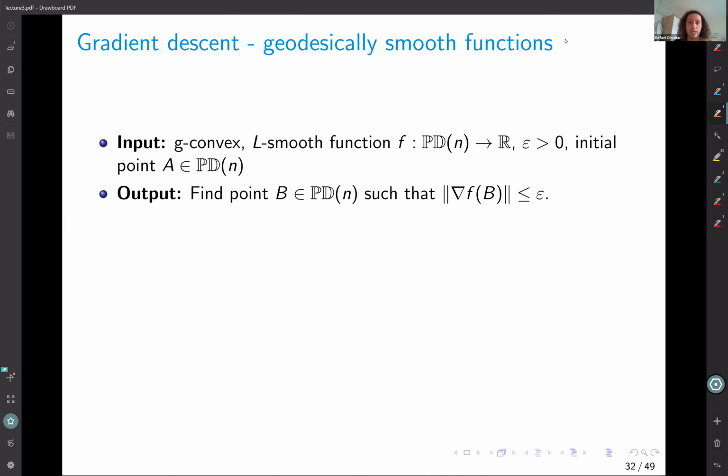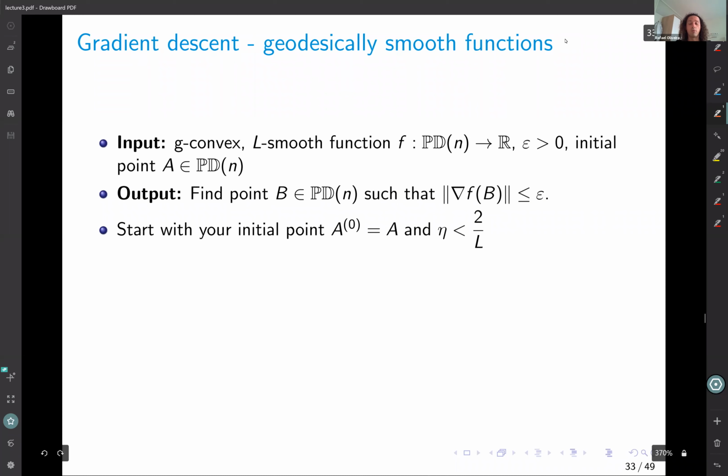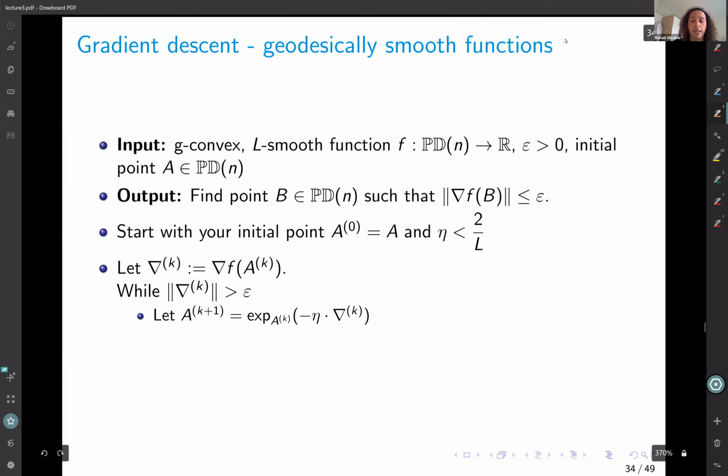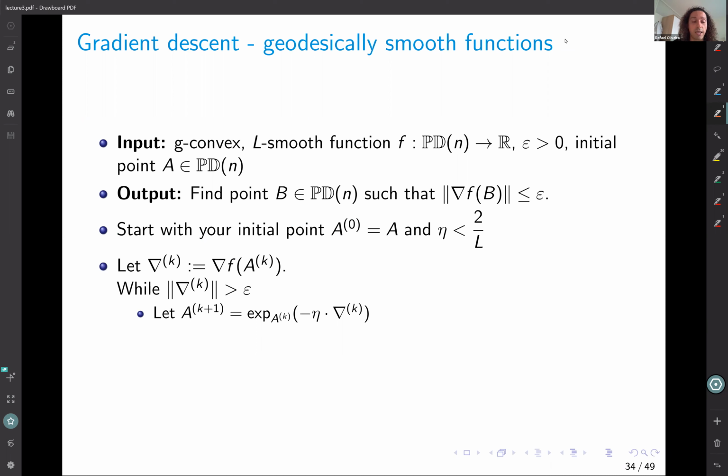Here we're just doing the geodesically convex gradient descent. We start with our initial point A_0 equal to A, and set the parameter eta, the learning rate, to be less than 2 over L. You can pick any parameter which is less than 2 over L. Let nabla_k be the gradient of f at the point A_k, the kth point of your iteration.